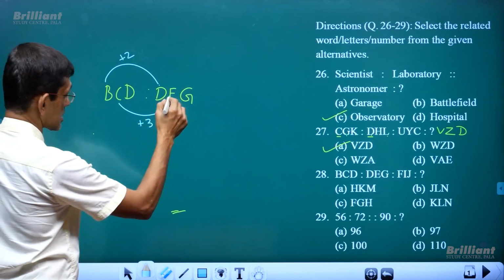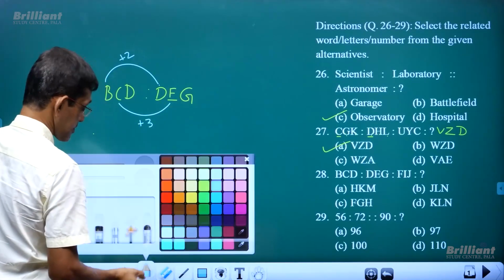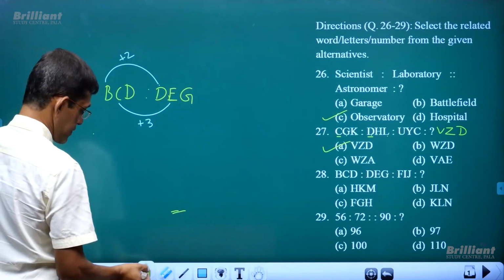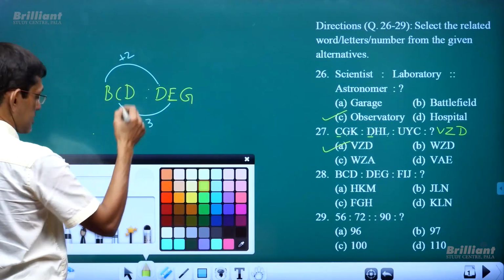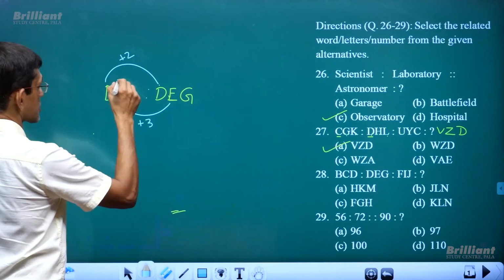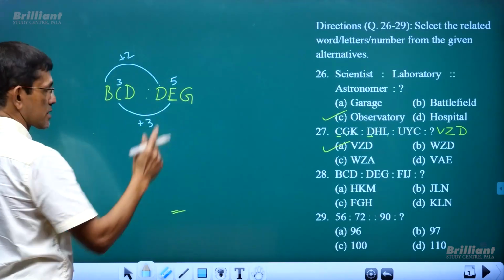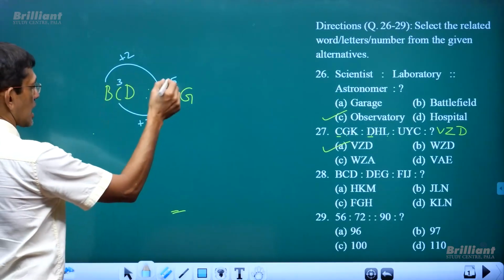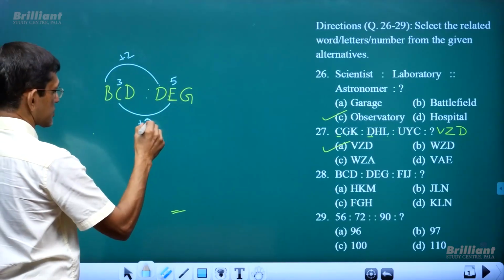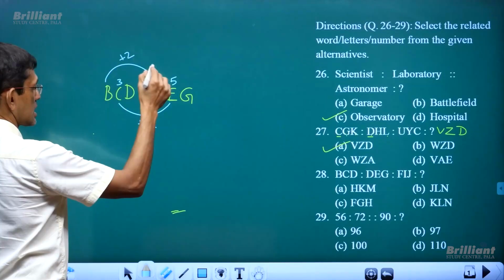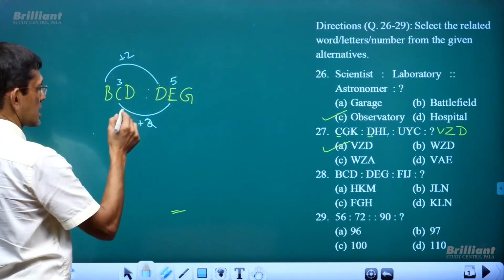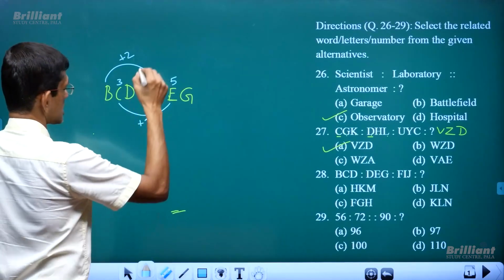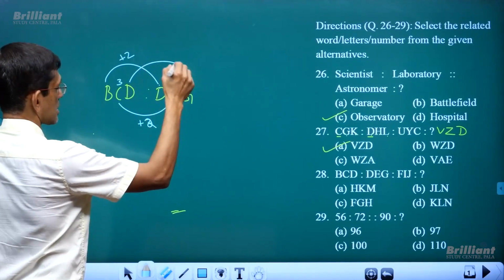Oh, D, E, G. That's my mistake. This is E, so that means this one is 3 and E is 5. I had taken it as F. That was the confusion. So anyway, 3 and 5, so that is plus 2. So B plus 2 is D and C plus 2 is E. And D plus how much?